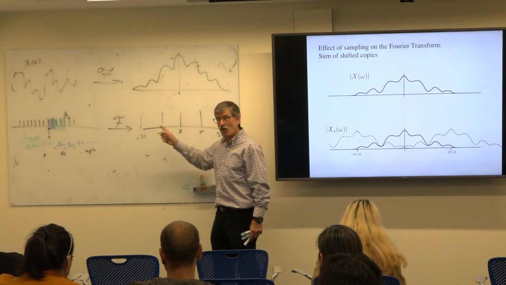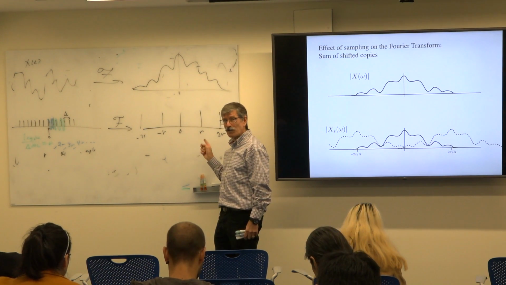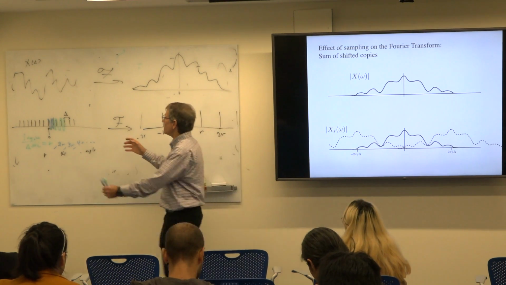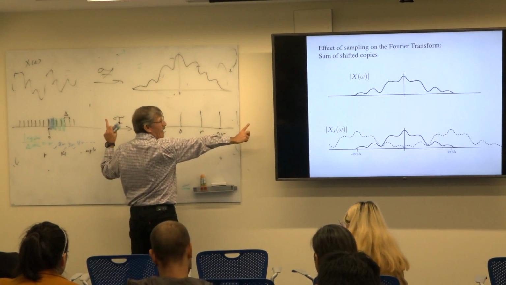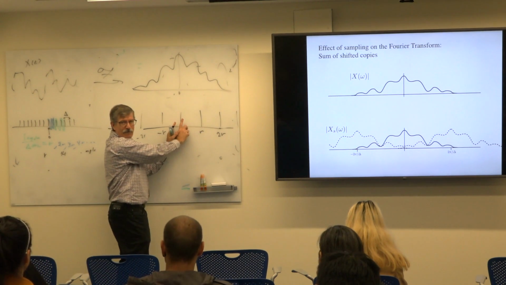Now this is a transform pair, and I'm giving you intuition why it has to look like this. It also satisfies the scaling theorem we talked about, which means if I sample more frequently, these other ones are going to get pushed out. If I sample less frequently, these are going to come in.